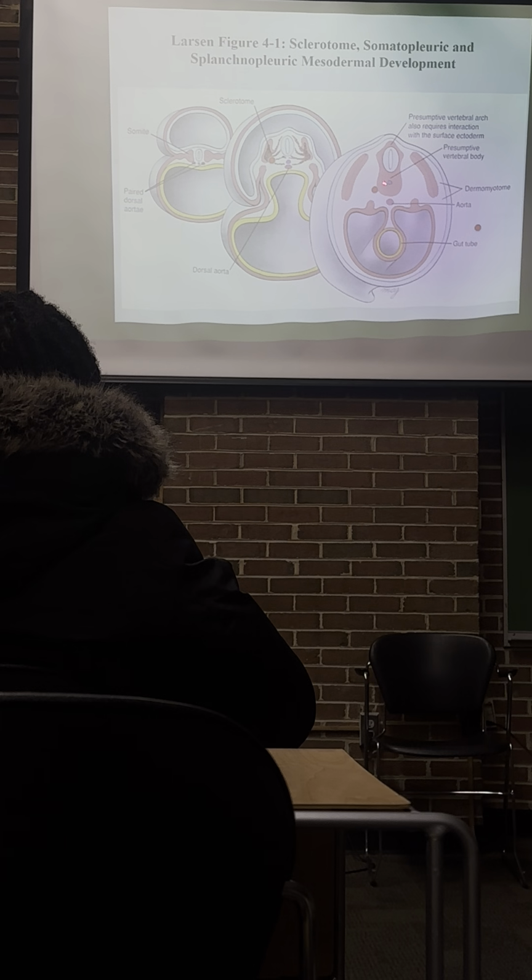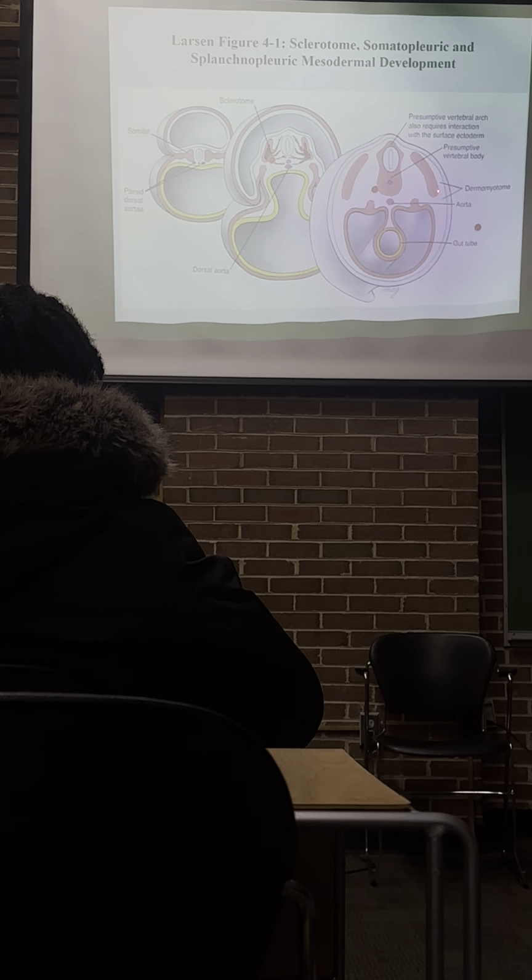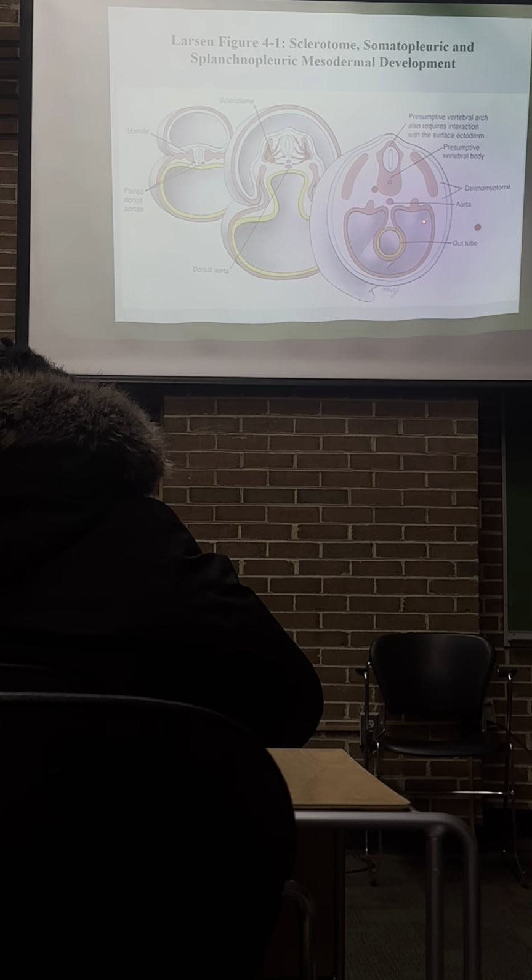So, presumptive vertebral body, and you see that the notochord becomes embedded here within the body of the vertebra. Out here you have a structure called the dermomyotome that differentiates into a myotome, which is a deep muscle mass here, and a dermatome.